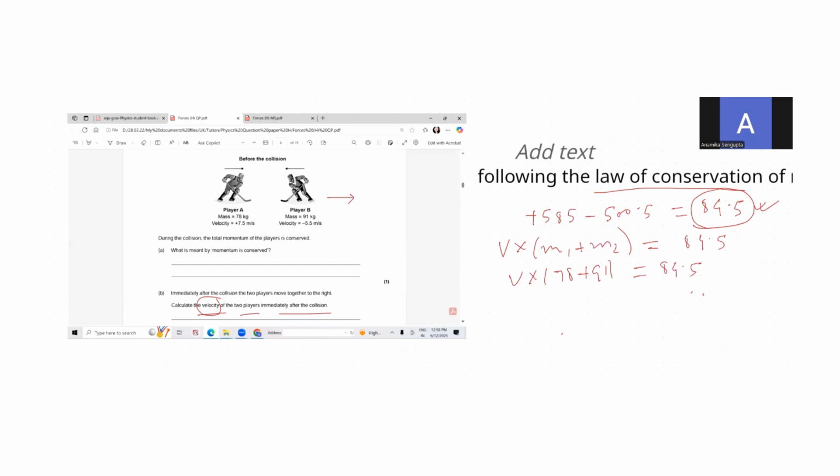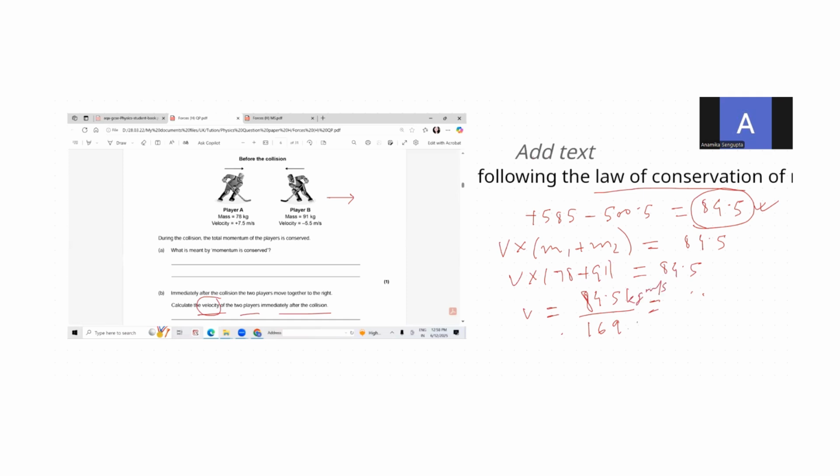So v is equal to 84.5 divided by 78 plus 91, which is 169. So 84.5 divided by 169. Remember, this 84.5 is the momentum, which is in kg meter per second, and this is your kg.